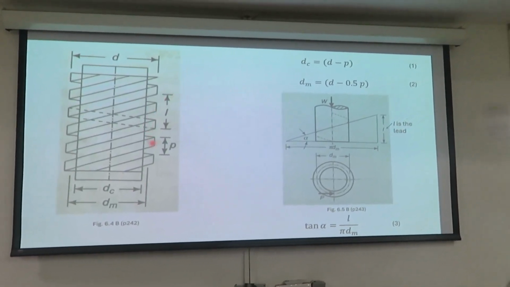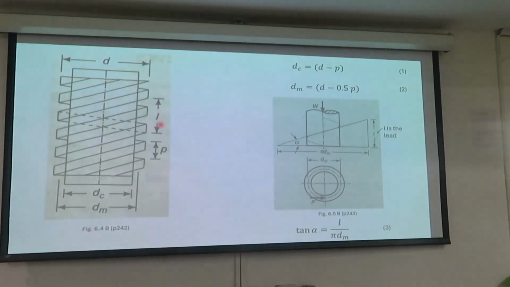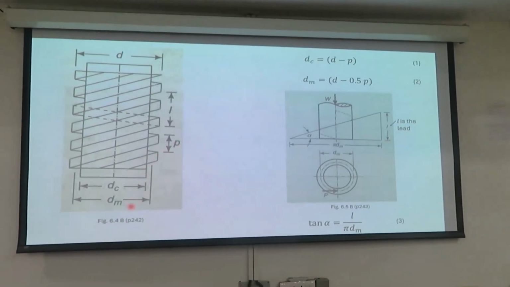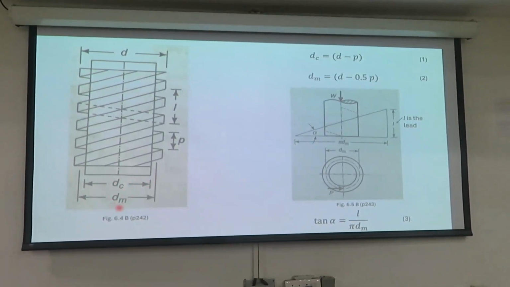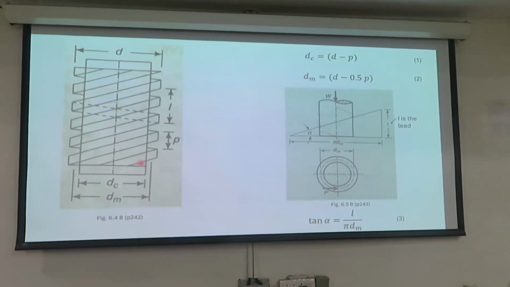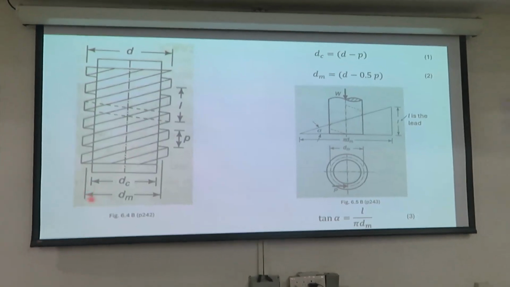In that case there is a relation between pitch and lead: lead can be 2 times pitch or 3 times pitch, and so on. DC is the core diameter, and DM is the mean diameter. So there is a core diameter, nominal diameter, and mean diameter.